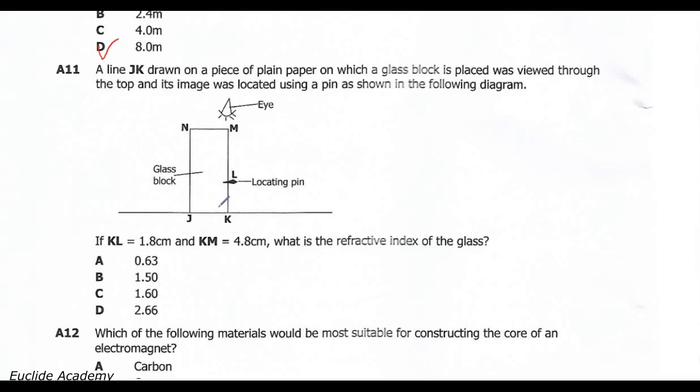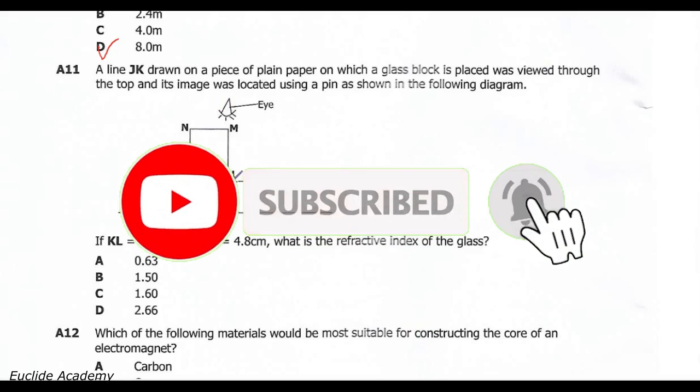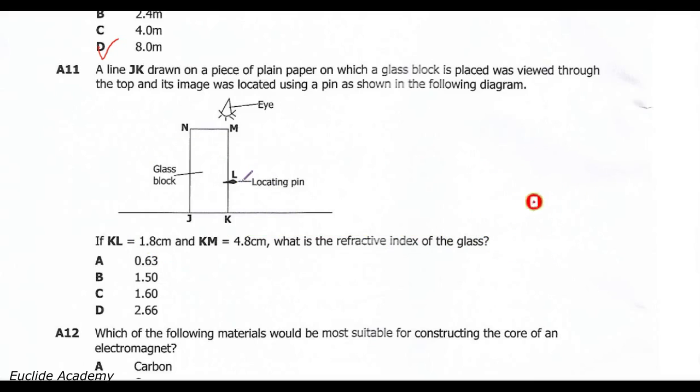and then they're telling us that this is a glass block. It's KM, and it looks too thick. But this is the eye. This is where we are viewing the line from, and this right here is the locating pin. So now it's saying the image of this line was located using a pin.